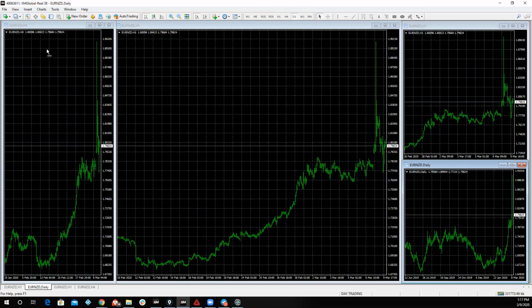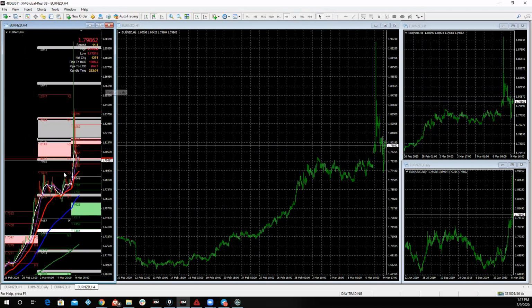So I'm going to insert my templates, and I'm going to put the H4. I'm going to have the weekly and the monthly pivot, right? And the thick gray one right here is the monthly, and the thin line represents the weekly pivot, right? So this is on the H4 chart, and this is the H1.